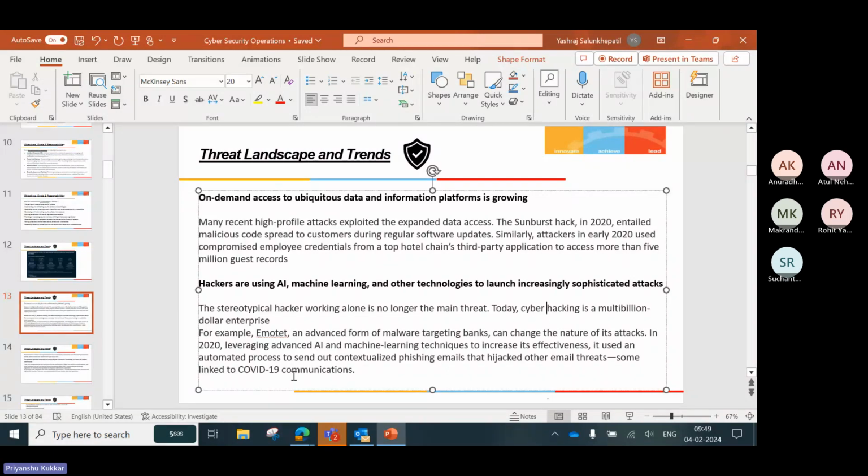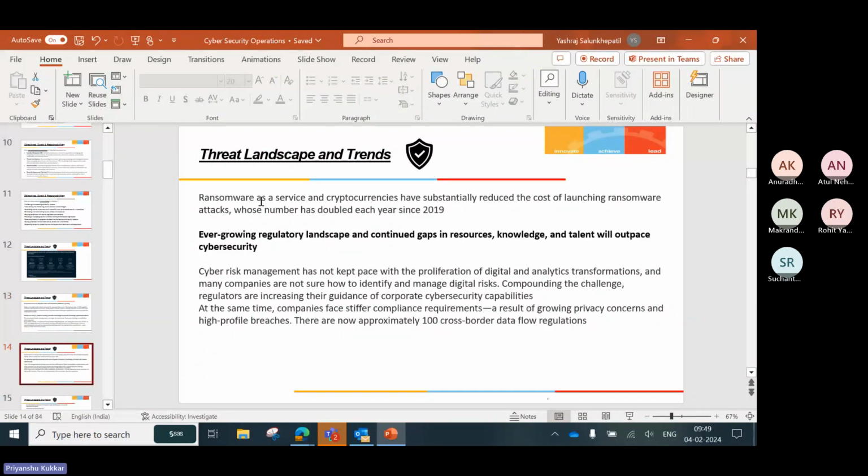Okay, as you can see, the cost of launching ransomware has reduced, and because of which its number has doubled since 2019. Even phishing attacks have increased almost 400 to 500 percent during COVID time, during January to February 2020.